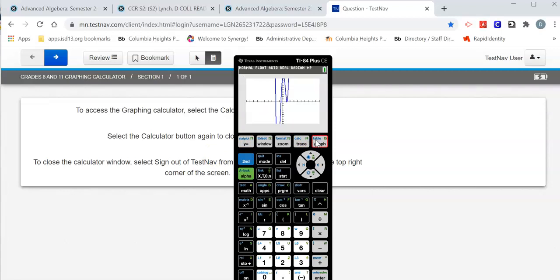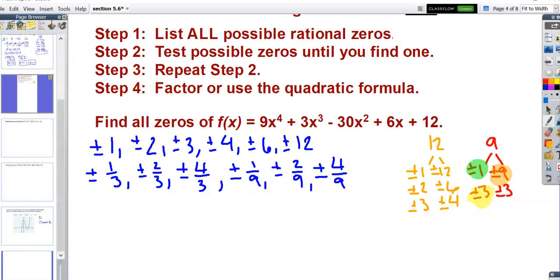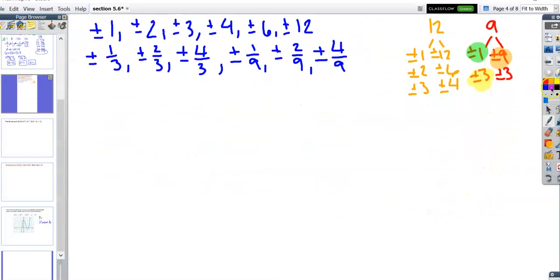I'm going to hit the graph button, and I can see that -2 is a 0 because my graph crosses the x-axis at -2, and it looks like 1 is a 0 because my graph looks like it's crossing the line at 1. We can check. Let's try 1 as our first 0. And if you feel more comfortable with -2 because it shows up a little bit more clearly, go for it.